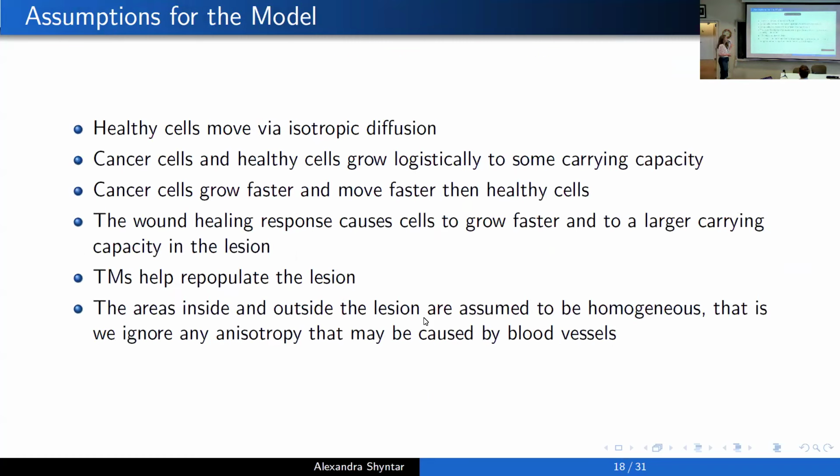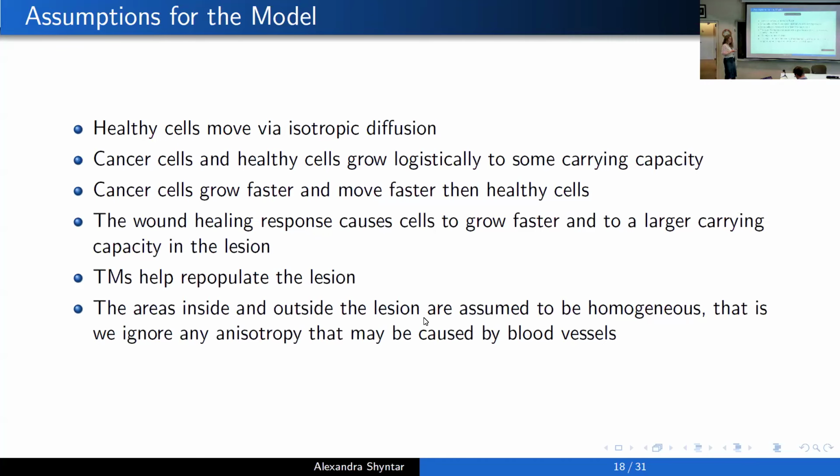Now, to model the rest of the dynamics, we make a series of assumptions. We assume that the healthy cells move through isotropic diffusion. We assume that healthy cells and cancer cells grow logistically. We assume that the cancer cells grow faster and move faster than healthy cells. We also assume that the wound healing response causes the cells to grow faster and to a larger capacity in the lesion.